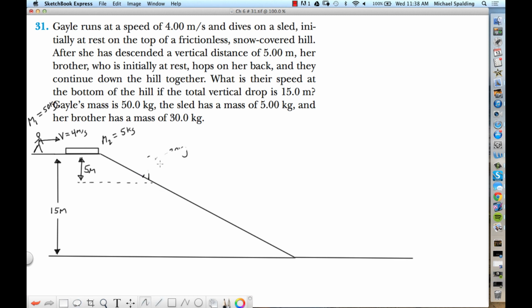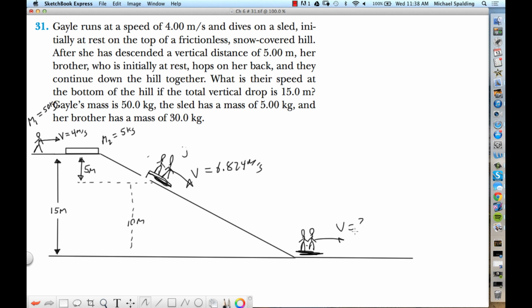So we've got the sled with the boy and the girl both on it, traveling with a velocity of 6.824. Then what happens? They cruise down the hill, a vertical drop of 10 meters, and the thing we're trying to figure out is when they reach the bottom, what's their velocity?